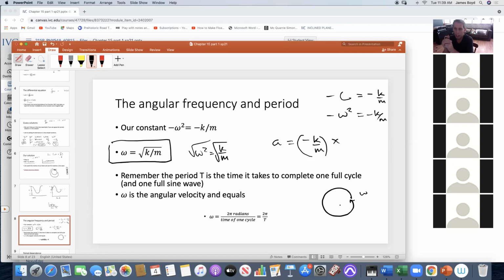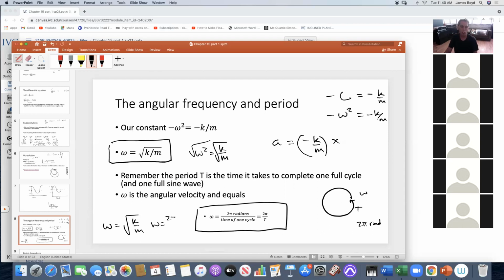To find out what omega is, if we assume the time it takes to go all the way around once is this period t, and the distance around is 2 pi rads for 1 revolution, then omega is 2 pi over t. Okay, so we now have that omega is square root of k over m, and omega is 2 pi over t, which tells us that t is 2 pi over omega.